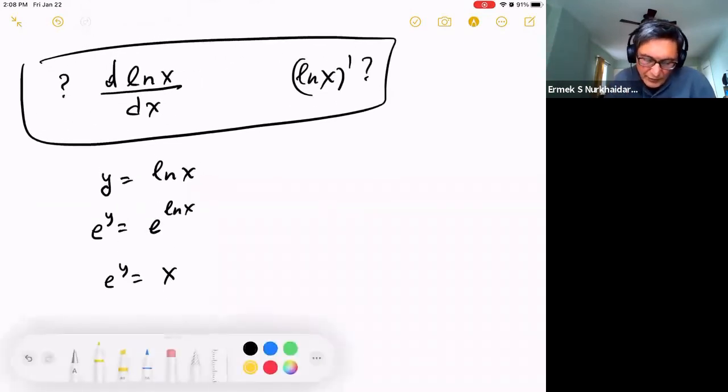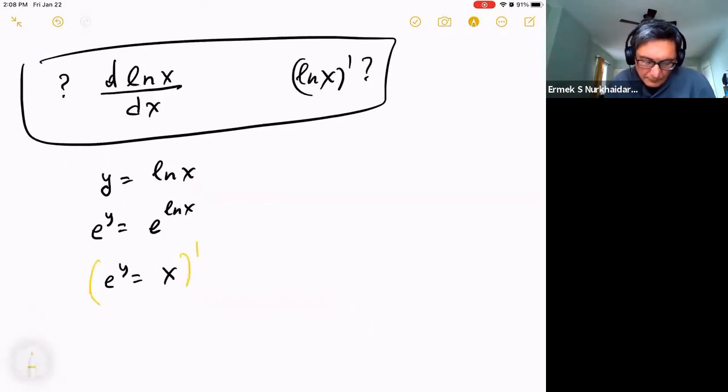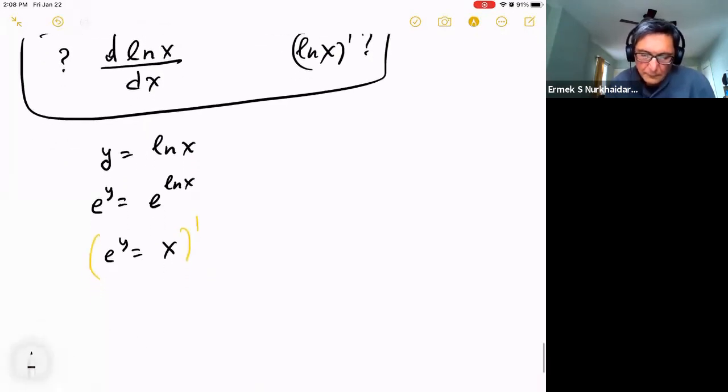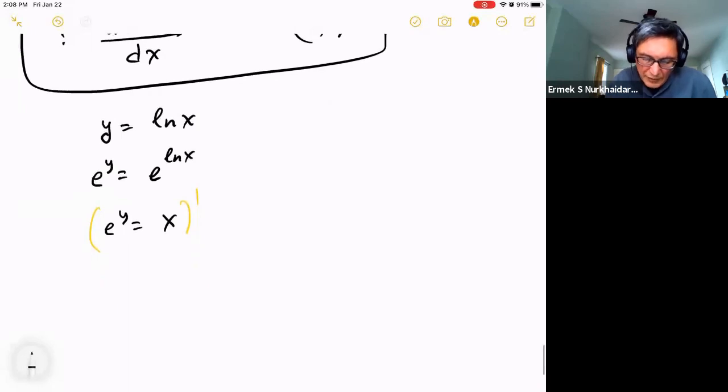Now I will take the derivative. The derivative of x is just 1. For the derivative of e to the y, I have to do implicit differentiation: e to the y times y prime, because I treat y as a function, the same way as we did in our first example when taking derivatives of e to the 5x, e to the 7x. Now we substitute back what y is.